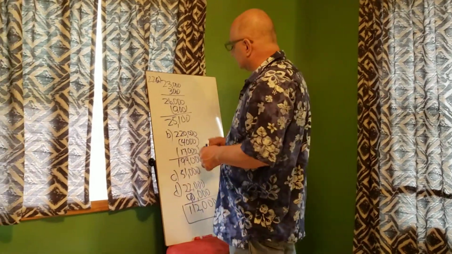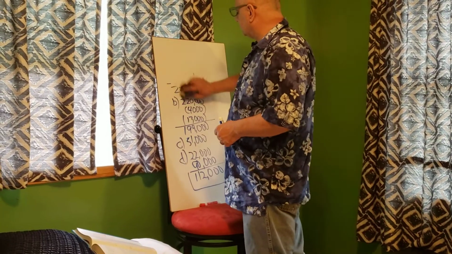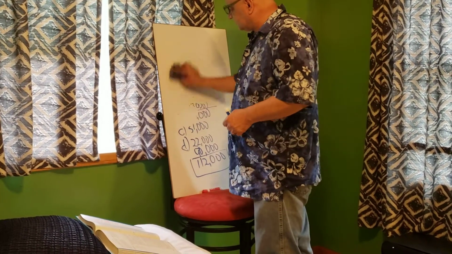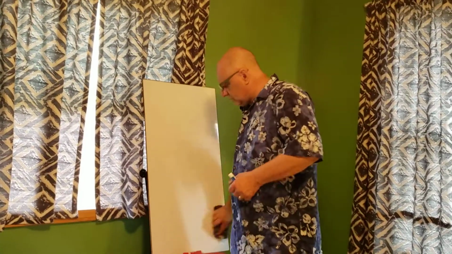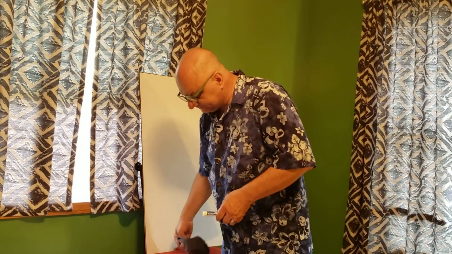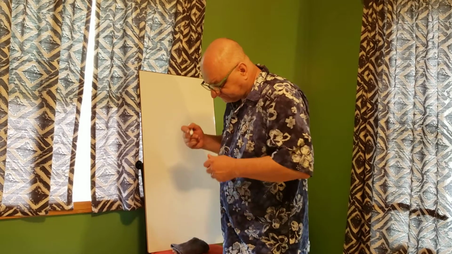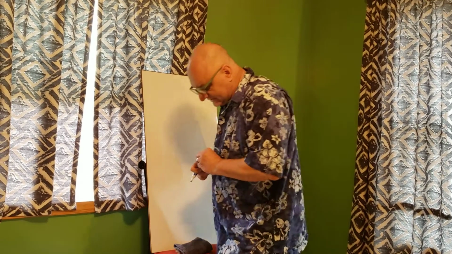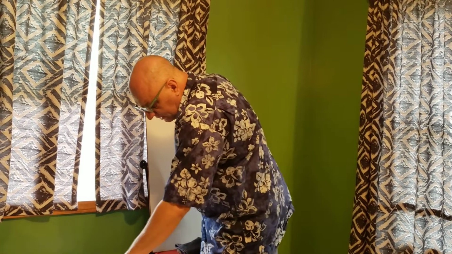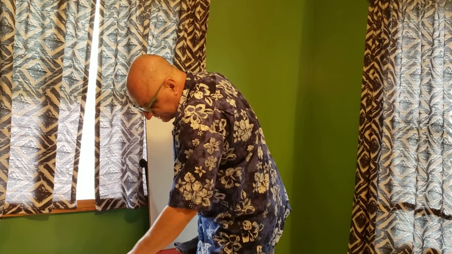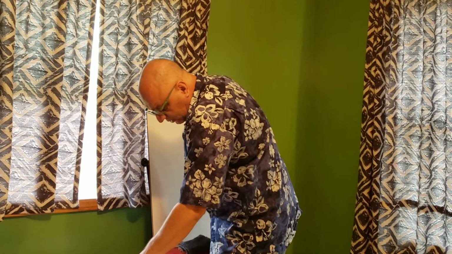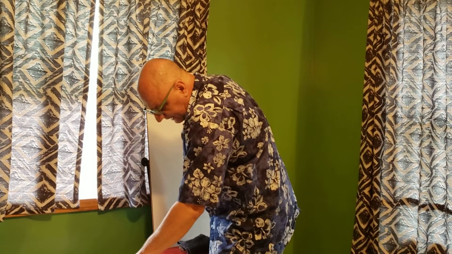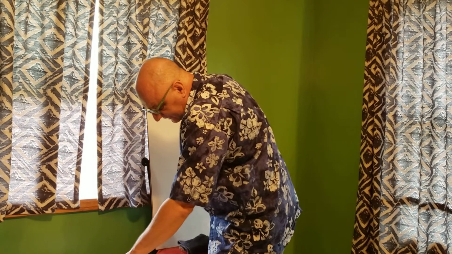All right, let's look at problem 26. I had one of you write me a note saying that they could not understand 26. So let's see what we can do about 26. 26 part A, Jorge owns 800 shares of stock.